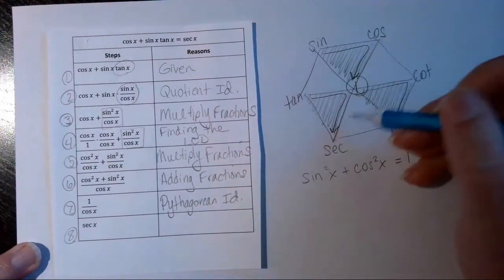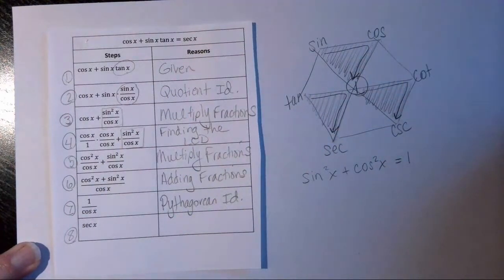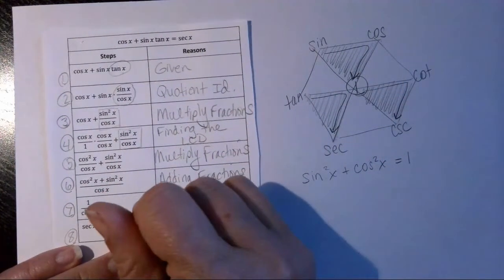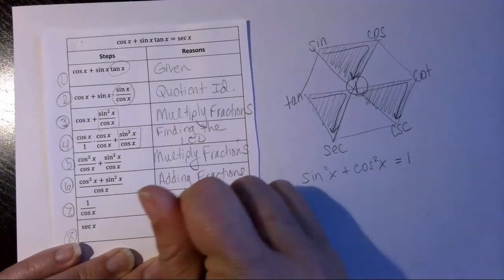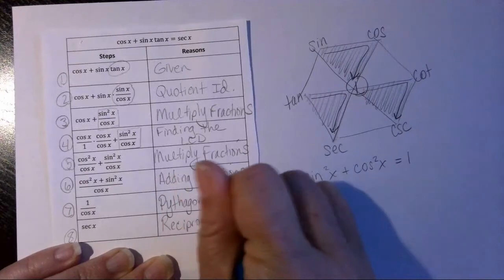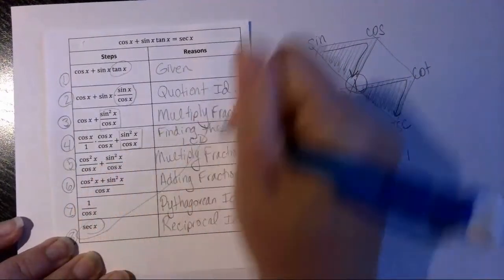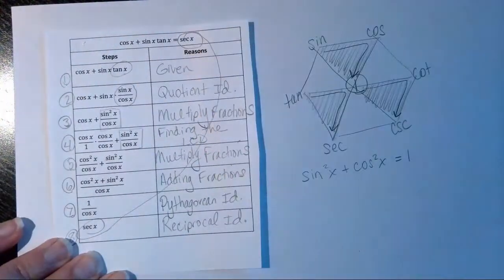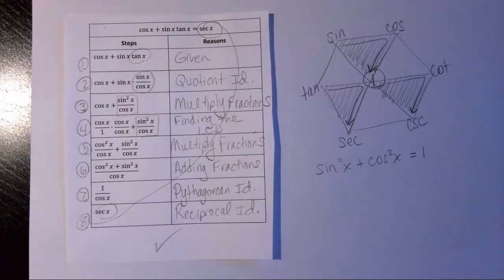So cosine is equal to 1 over secant, and secant is equal to 1 over cosine because of that reciprocal identity. So that will be our last reason, reciprocal identity. And then we have the secant of x, which is what we started out to get at the end there, which means we can check that off as a verified identity.